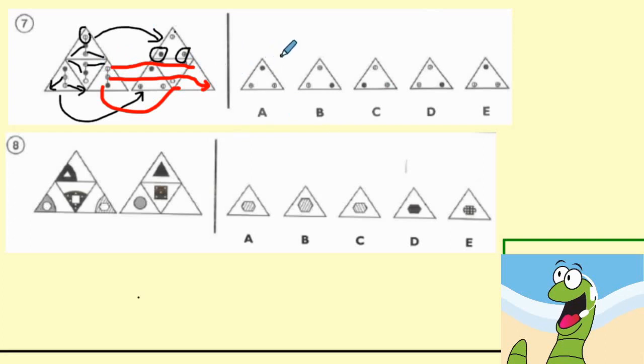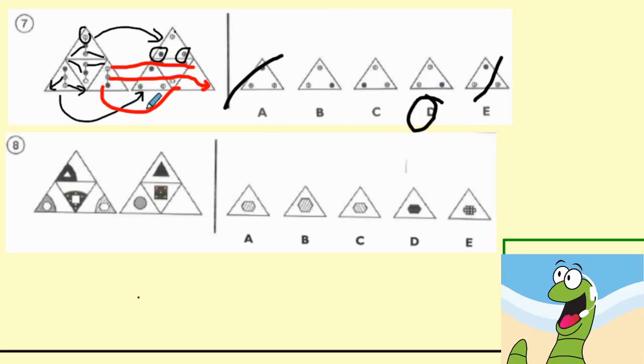That's got a black one, get rid of it. That one's got a black one, let's get rid of that one. And our answer is actually D.